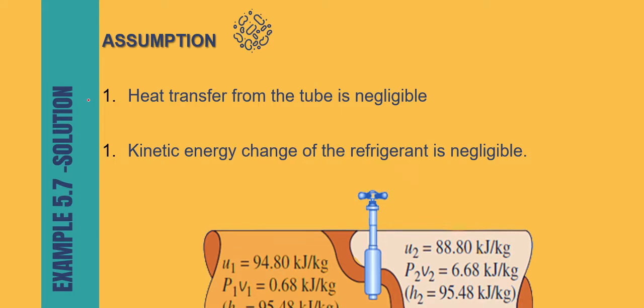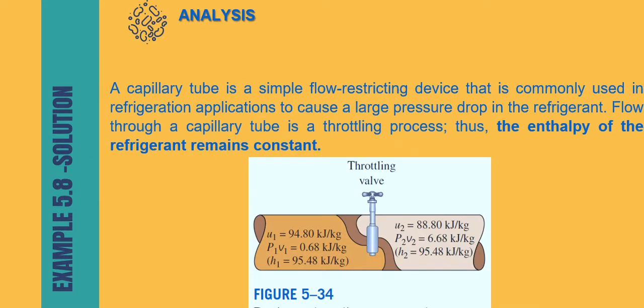You obviously do the first step: you need to write the assumptions. Heat transfer is negligible, and then kinetic energy change is negligible. You can also write potential energy change is also negligible. So you know that for a throttling process, the enthalpy of refrigerant is usually constant.